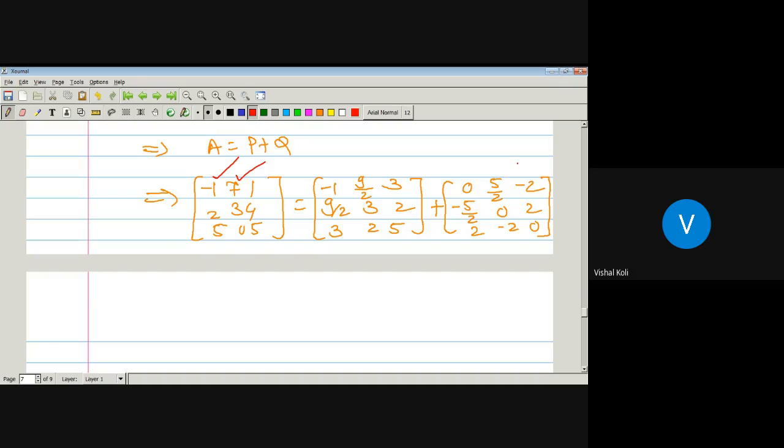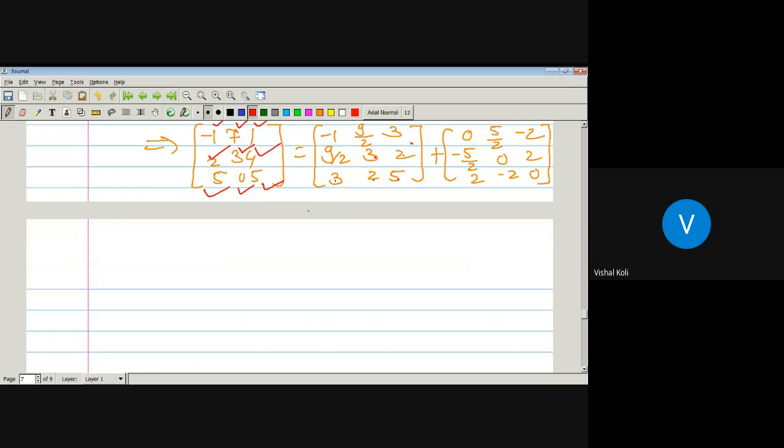Third one: 3 minus 2 is 1. 9 by 2 minus 5 by 2, 9 minus 5 is 4, divided by 2 is 2. 3 plus 0 is 3. 2 plus 2 is 4. 3 plus 2 is 5. 2 minus 2 is 0 and 5 minus 0 is 5. So here A is nothing but P plus Q. So from that we say that every square matrix can be expressed as a sum of a symmetric and a skew symmetric matrix. That is, if we have a square matrix, then we can easily write it as a sum of a symmetric and a skew symmetric matrix.